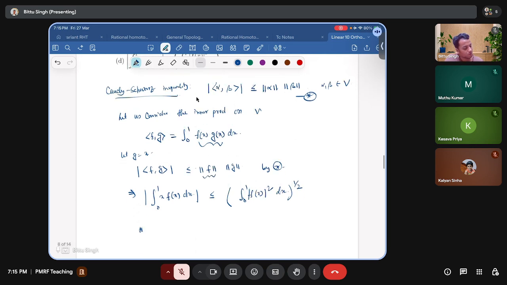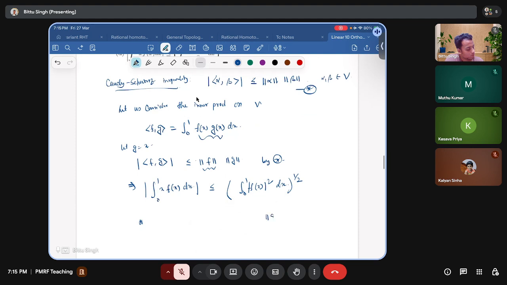Now what about the norm of g? Let us calculate the norm of g. By definition, norm g squared is the same as the integration from 0 to 1 of x times x dx, so g times g dx, which is x cubed by 3, that is 1/3.